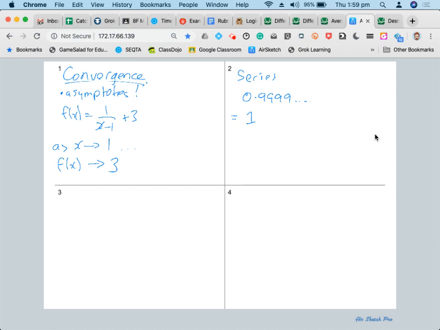It's weird stuff, but nevertheless, you have to stretch your brain to take into account infinity, effectively. In this case, there is an infinitesimal gap between 0.9 recurring and 1, to the extent that that gap is unmeasurable, and therefore there is no difference between 0.9 recurring and 1. So this is all convergence stuff.